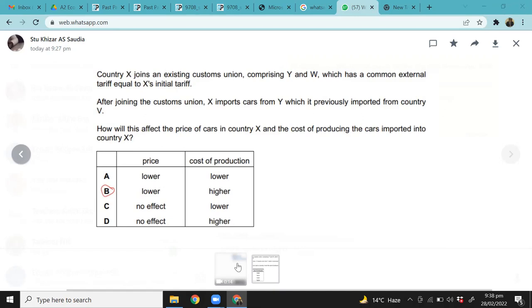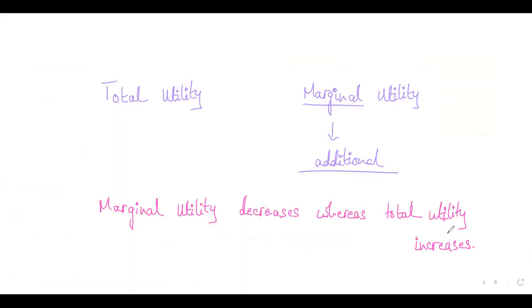Okay, let me explain. Students, have a look at this. It will require some calculations. As I said, it's a difficult one, but have a look at this, right? So how many countries are involved? There are 4 countries involved, right? Country X is the one that we are deciding for. Then there are 2 more countries that are already part of the union, Y and W, right? So they're already part of the customs union.